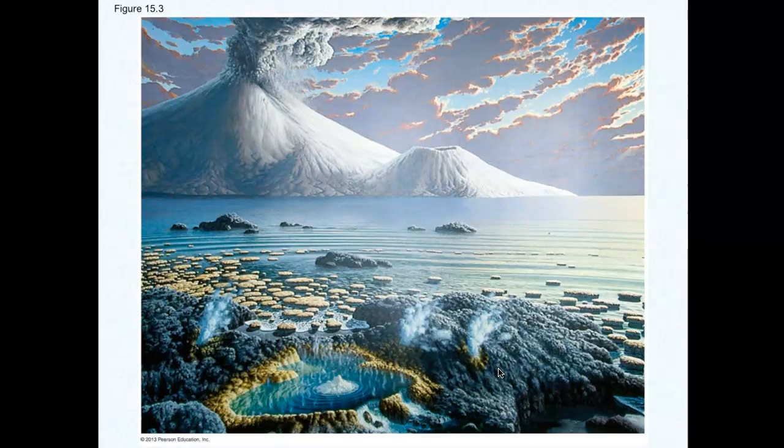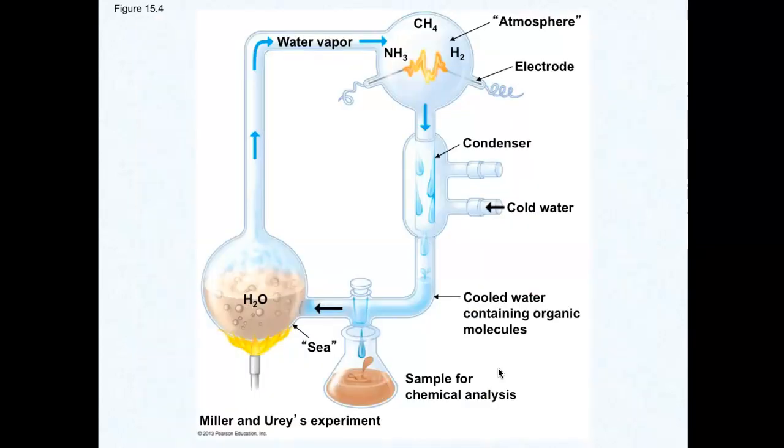So this is an artist's rendering of this kind of very old Earth. And then this is the experiment that scientists did. So Miller and Urey, they actually created something to mimic what they think was Earth's primordial environment. So they had water, and they used an atmosphere that contained the chemical compounds that were present in the Earth's atmosphere very, very early on.